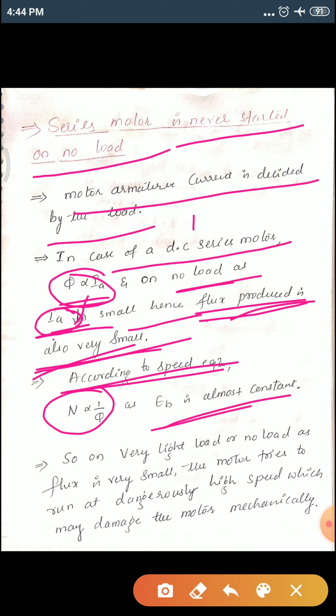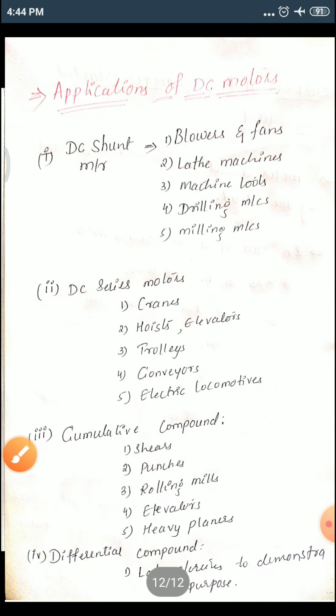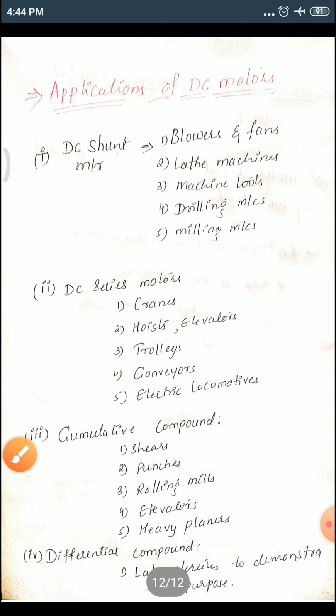So on a very light load, or no load, speed will be very high. The motor tries to run at a dangerously high speed, which may damage our motor mechanically. So this is about the characteristics of a DC motor.